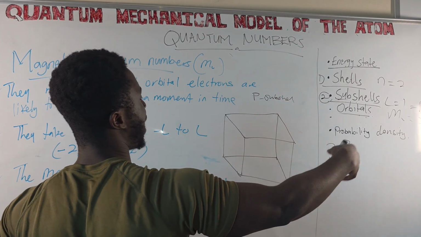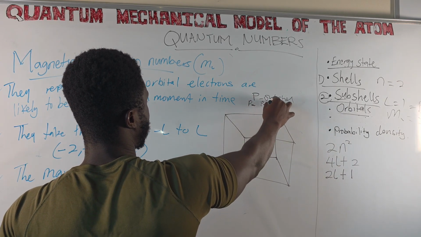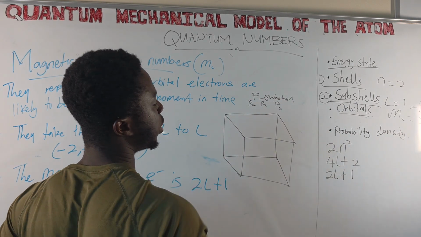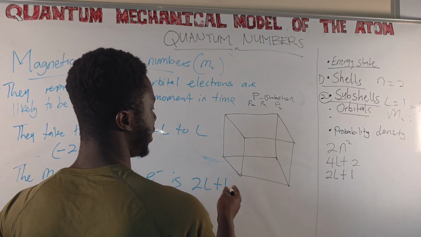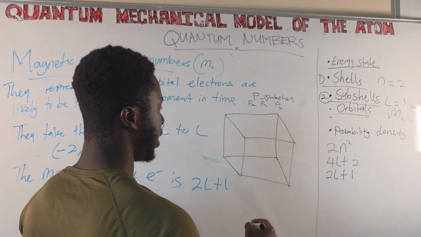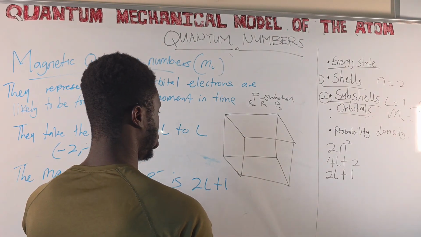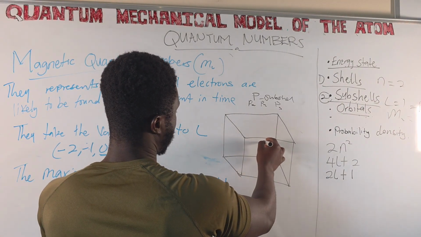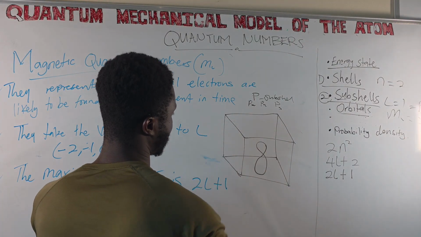Now the P subshell has 3 orbitals: the px, the py, and the pz. It goes on all 3 dimensions, all 3 planes of this thing. The first plane is top to bottom, and it takes the shape of a dumbbell. So it will be like this, right?